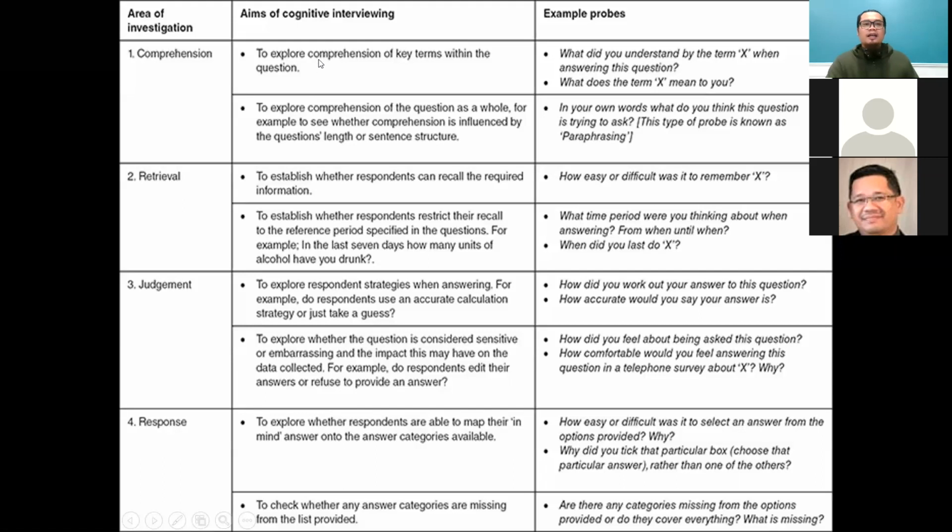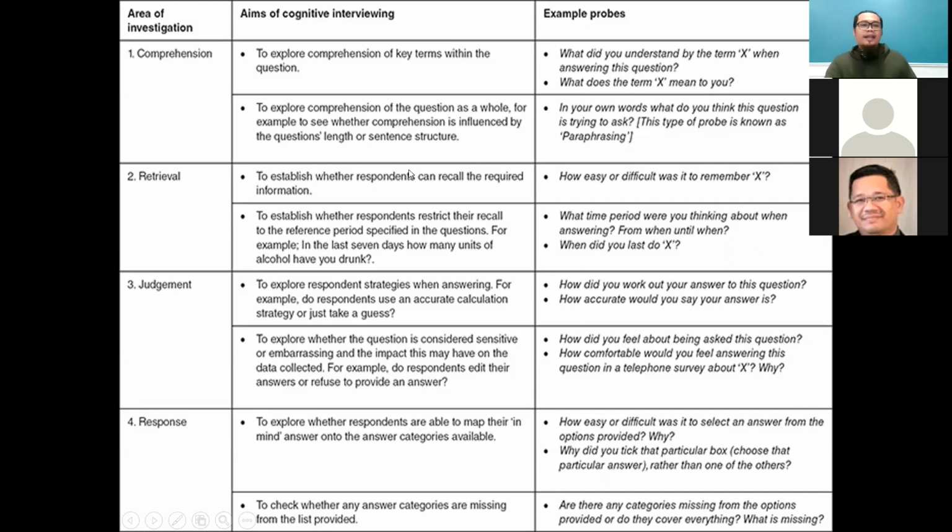Okay, next, regarding the cognitive interview, to explore comprehension of the question as a whole, for example, to see whether comprehension is influenced by the question length and sentence structure: in your own words, what do you think the question tried to ask? This type of probe is known as a paraphrase.